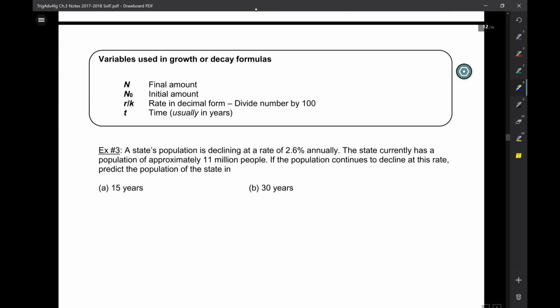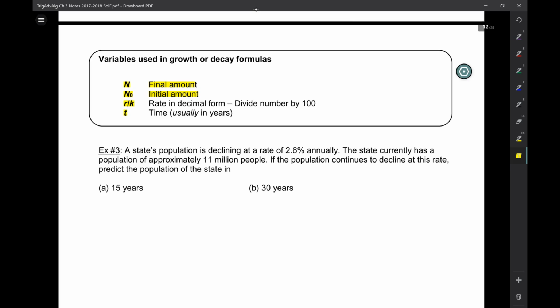Variables used. N is the final amount. N naught: this is one efficient thing mathematicians and scientists do. Rather than using two different variables, A and P, we say N and N naught. The little subscript 0 is read as naught. So N naught is the original, initial. It's like in physics, it's like VF, VI.